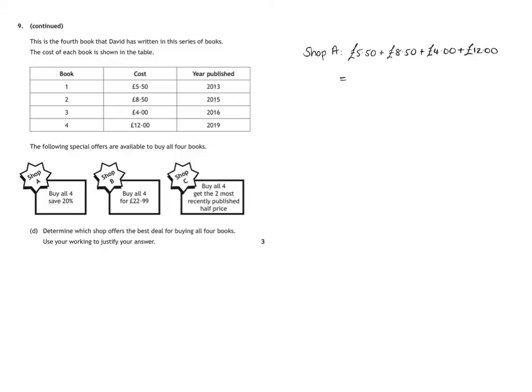So altogether, the books would normally cost £30. So our saving would be 20% on that. So 20% of £30, which is £6. So the cost would be 24.